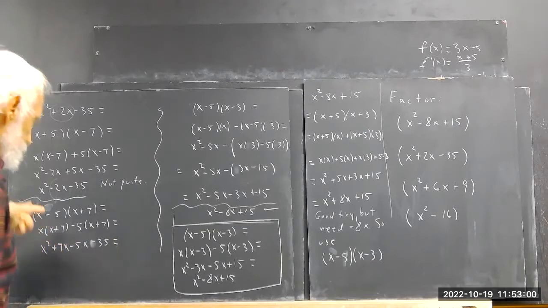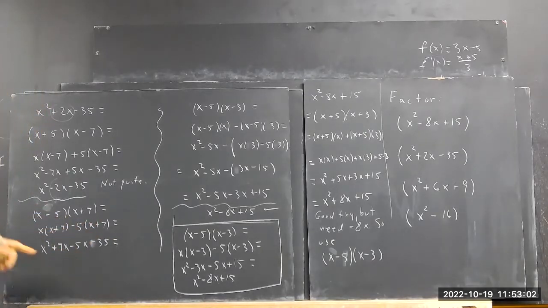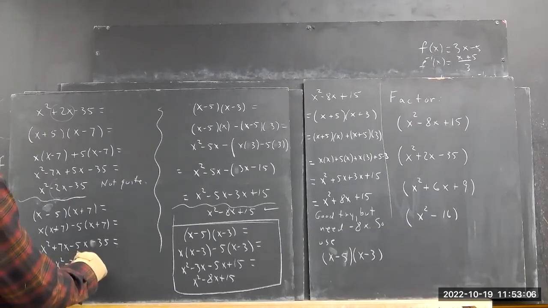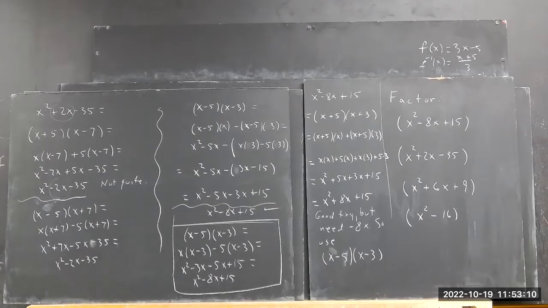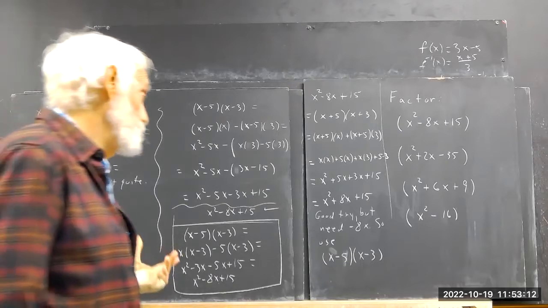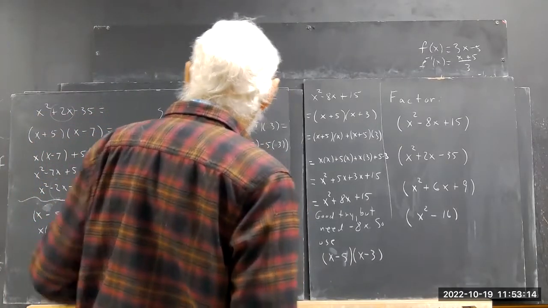That gives us, that's an easy multiplication, x squared plus 2x minus 35. Okay, well, that works.